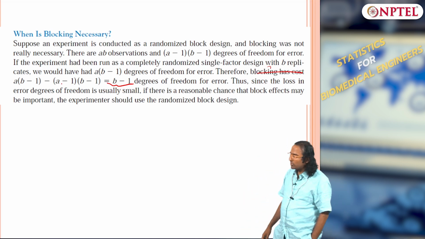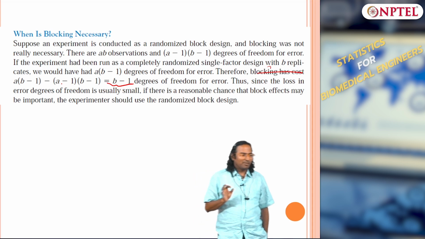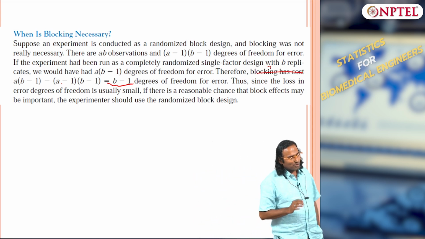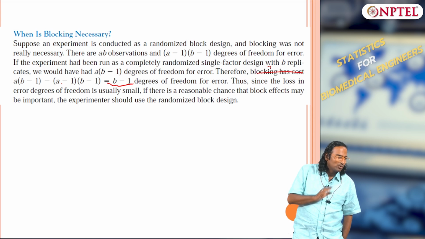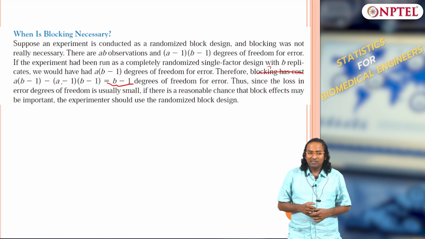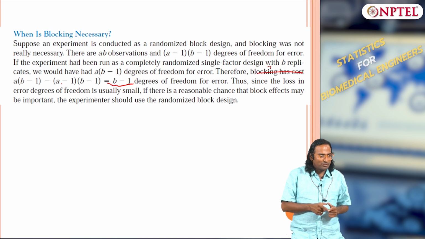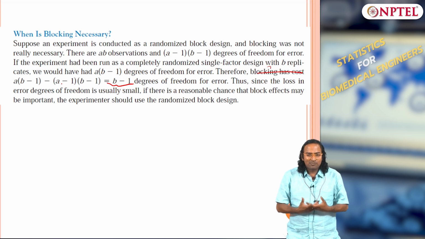So what are you losing? You are actually losing b minus 1 degrees of freedom when you do blocking. That is, if you close your eyes and always do blocking, that is also a problem, because you are going to lose degrees of freedom. That degrees of freedom is essentially what? You have to repeat the number of times the experiment. What is b? B minus 1 is, each one is an experiment outcome.